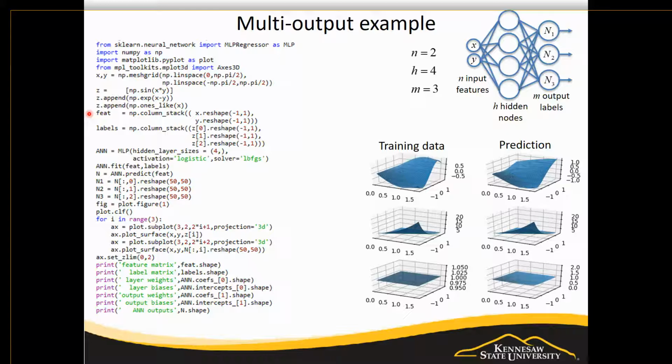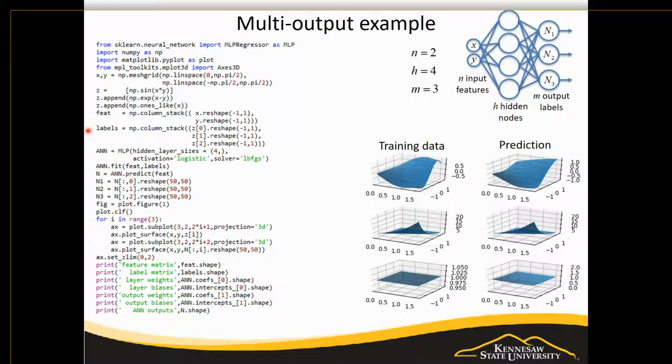And then I column stack those 2 things next to each other, so that now I have 2 feature values. The first column is x, the second column is y. Every row is one of the samples. And there's going to be 50 times 50 samples, because I use the default linspace, which will give 50. So there's going to be 2,500 rows and 2 columns in the features.